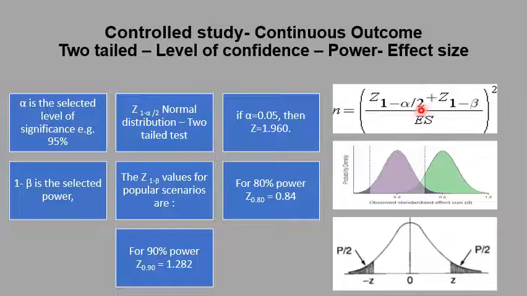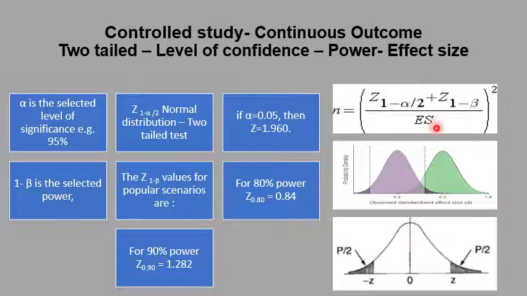The third entity is the effect size, and this is basically how much difference you expect between the two groups divided by their pooled standard deviation. The higher the effect size, the less number will be required for each sample in each group, and vice versa.